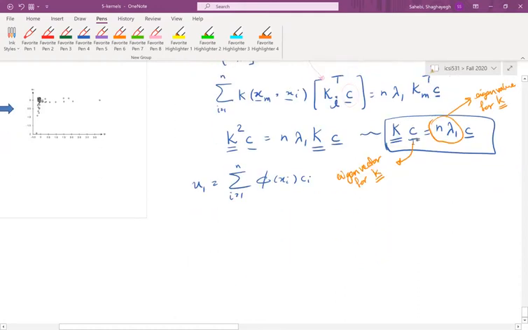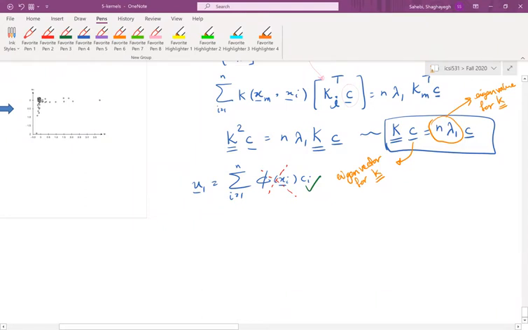Now I know what c is. Can I get to u1 from that? Well, unfortunately not. Why not? Because phi of xi is not available. I have c1, c2 until cn, but I don't have phi of xi.